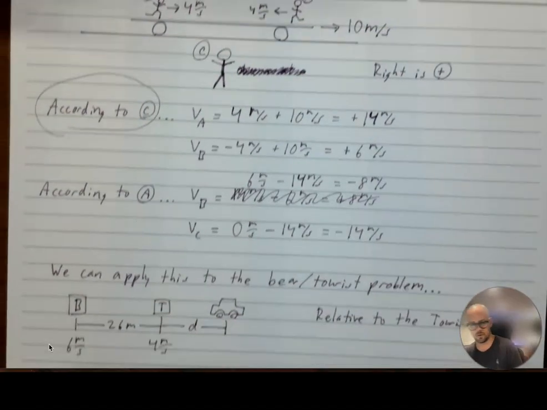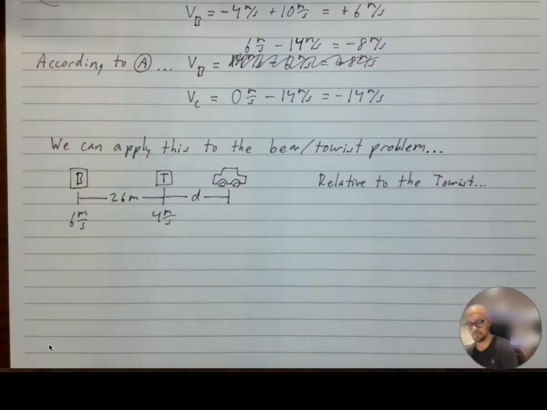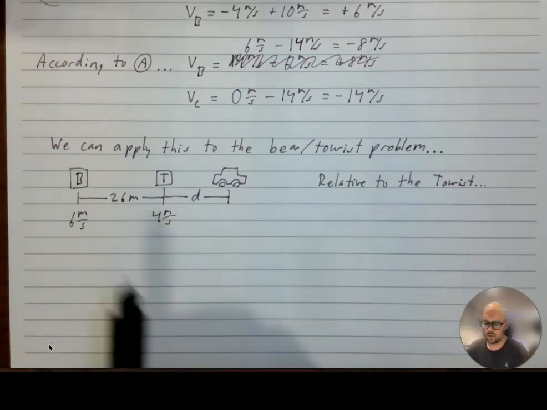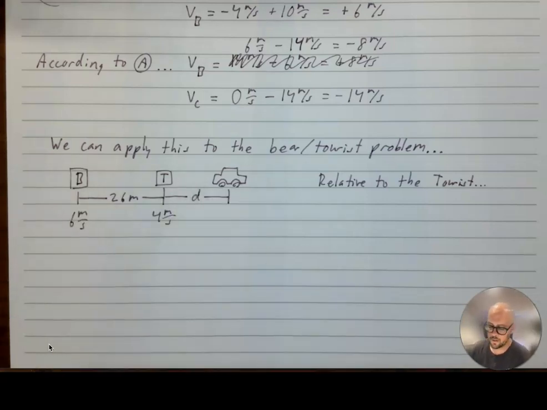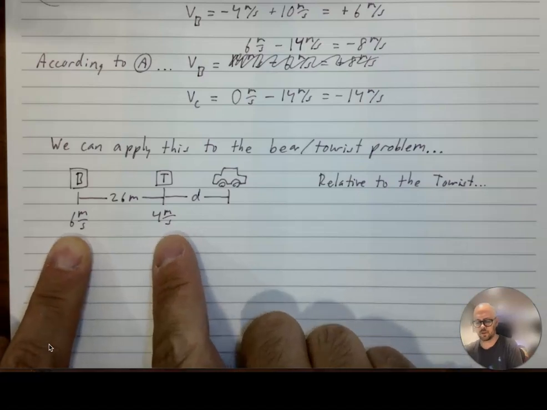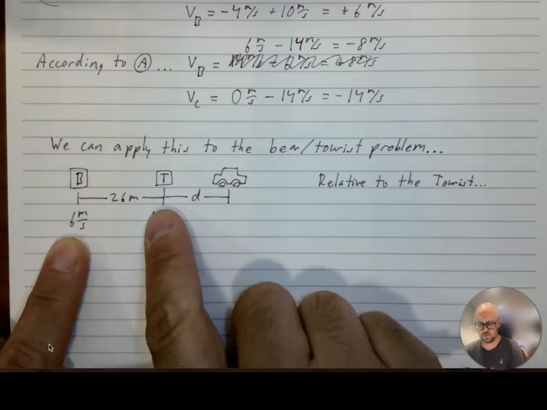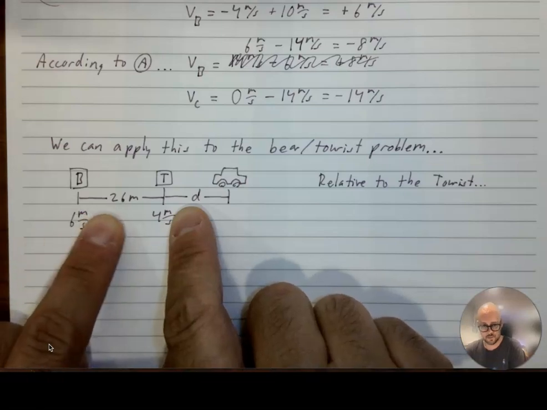I wanted to show you another way to apply relative motion. You did this problem. A bunch of you asked me about it because it's a harder problem where a bear is chasing a tourist toward a car. The bear and the tourist have different velocities. And when you think about what's actually happening, in 1 second the tourist moves 4 meters, and in 1 second the bear moves 6 meters.